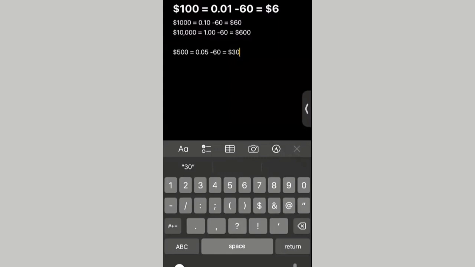So it's easier to use the tens, but for a $500 account, you'll be risking 50 cents per pip. So if I had $1,000, I'll be risking $60. But if you had half of that, you'll be risking half of what I'm risking, which is $30. But then if I make $500, you're only going to be making $250, which is half of that.